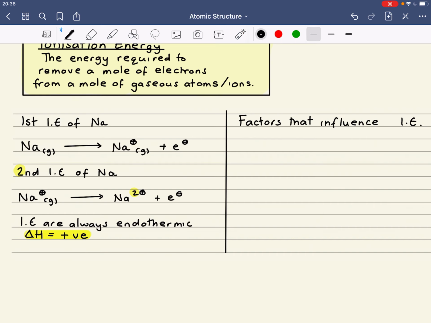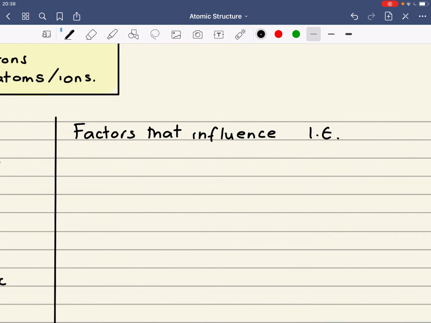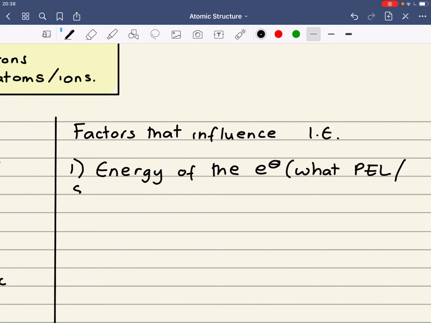Okay, so the factors that affect ionisation energy are, well, the most important factor is the energy of the electron. Now, what that means is really what principal energy level and sublevel the electron is removed from.